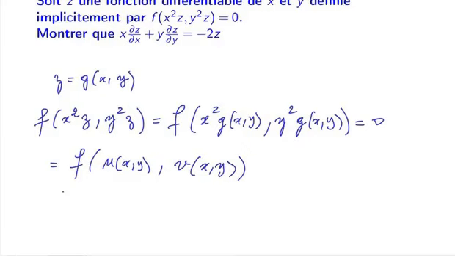We therefore want to calculate x times the partial derivative of z with respect to x plus y times the partial derivative of z with respect to y.